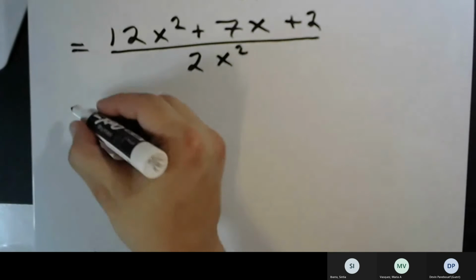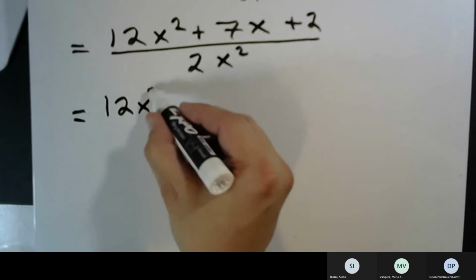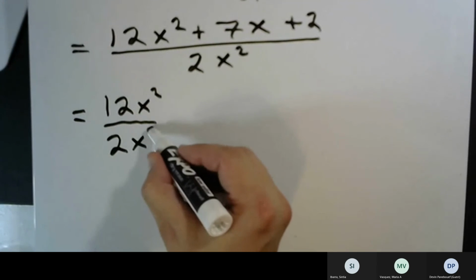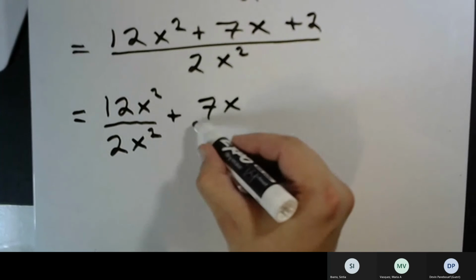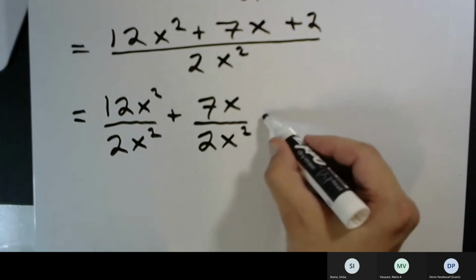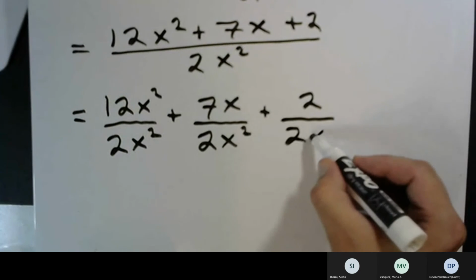And now we're going to break things up. So we have 12x squared over 2x squared plus 7x over 2x squared plus 2 over 2x squared.